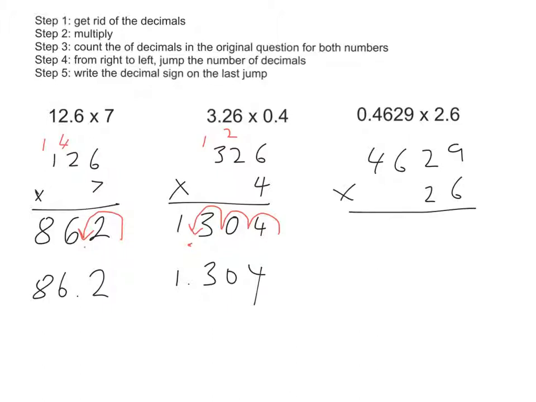Step 2 is to multiply, so we'll go ahead and do that. 6 multiplied by 9 is 54. 6 multiplied by 2 is 12, plus 5 is 17. 6 multiplied by 6 is 36, plus 1 is 37. 6 multiplied by 4 is 24, plus 3 is 27.